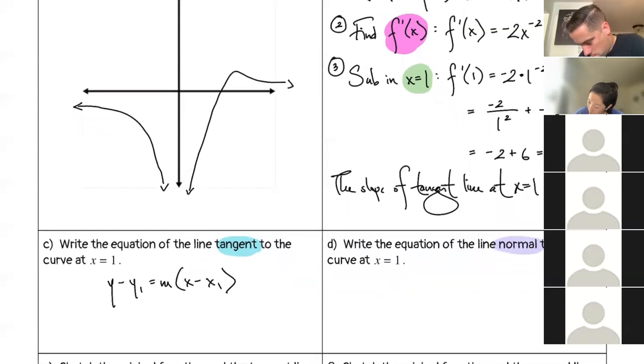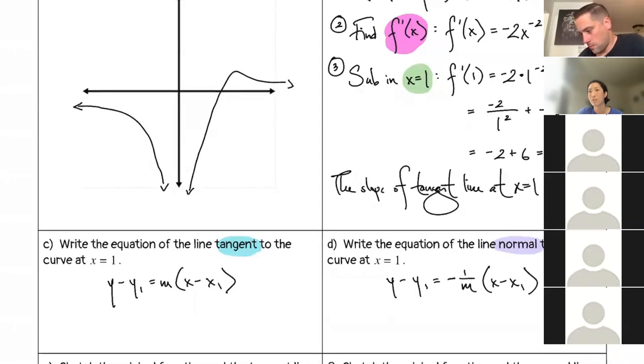And the only thing I'm going to change between the two of them is going to be the slope. I'm going to have the negative reciprocal over here for the normal line, okay?